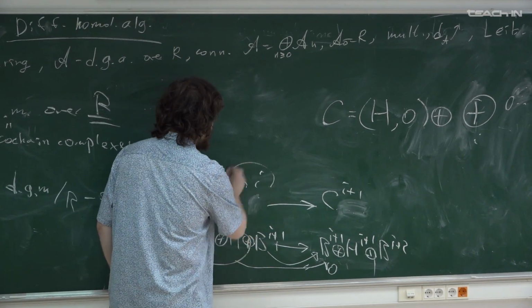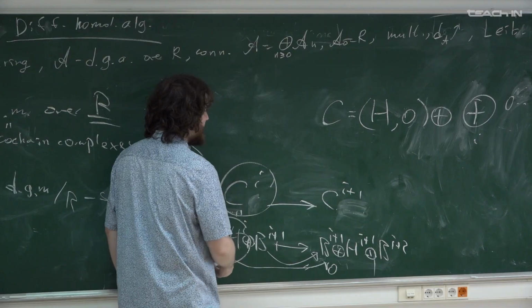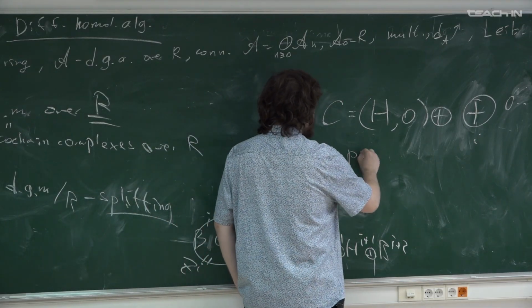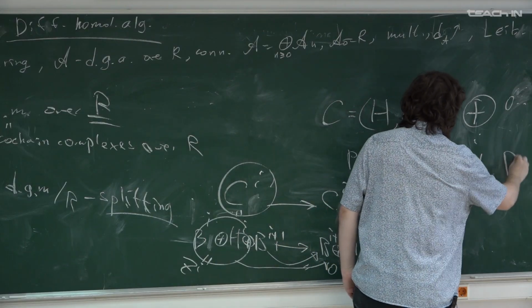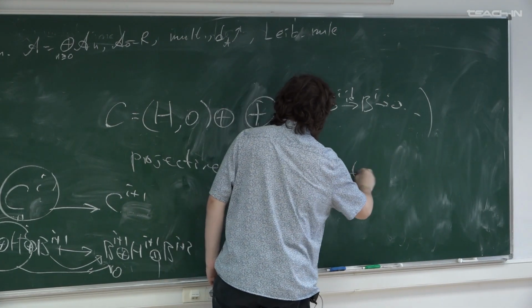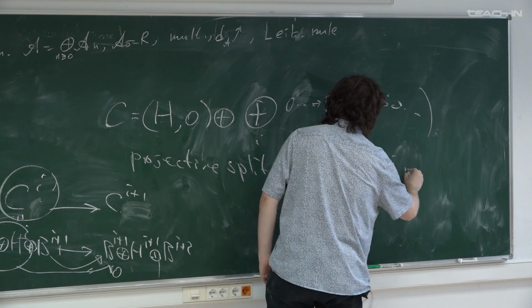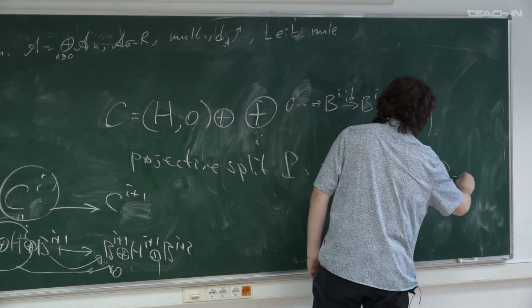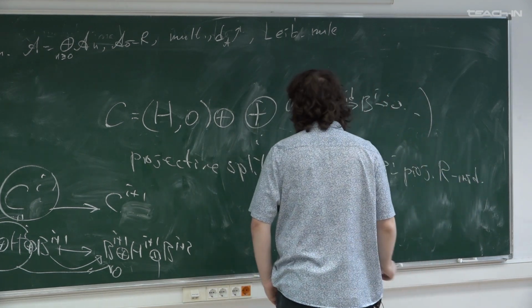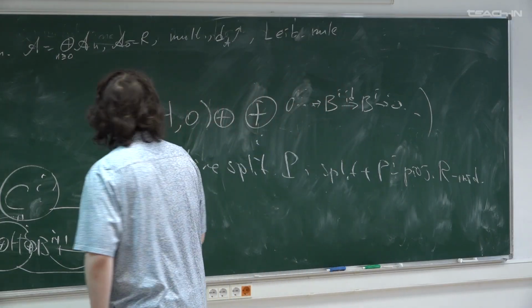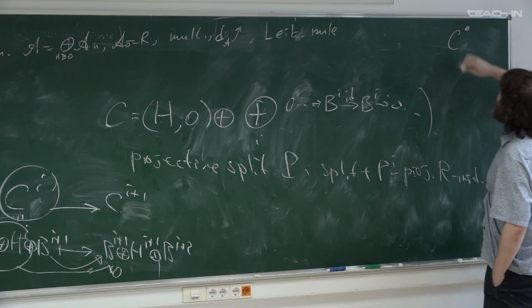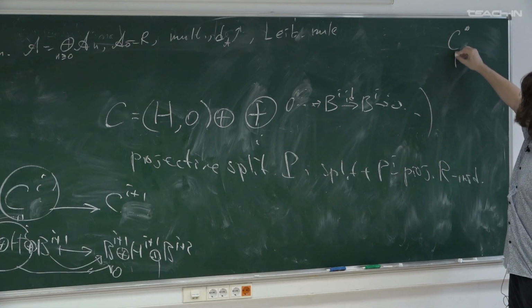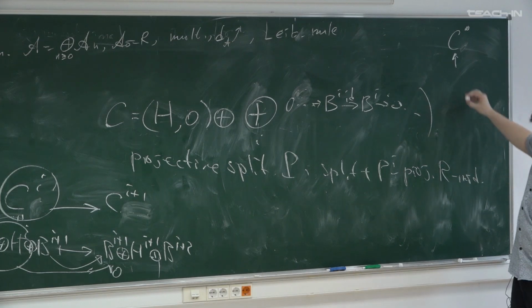It's equivalent to say that this map is projective because it's the direct summand. So it's a projective splitting: P is a splitting, plus Pi is a projective R module. And we checked the important observation that for any chain complex, here is cochain, I have resolutions of projective splitting modules.